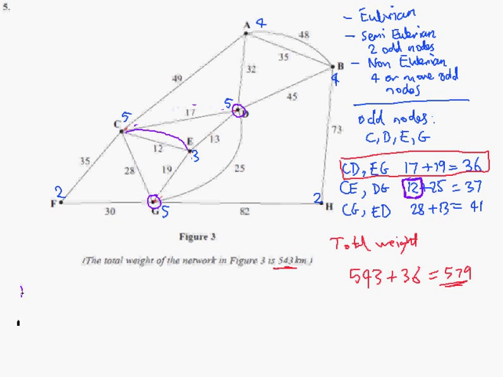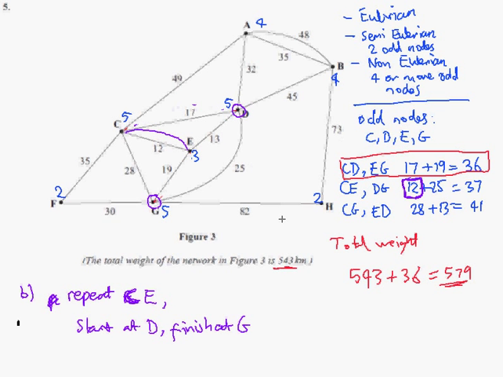So why don't we say for part B, repeat CE, start at D, finish at G. There's no reason, of course, why you couldn't start at G and finish at D, but let's go with the alphabetical order here.